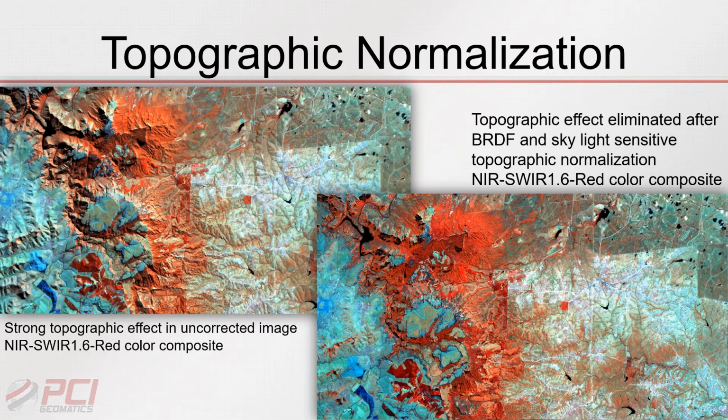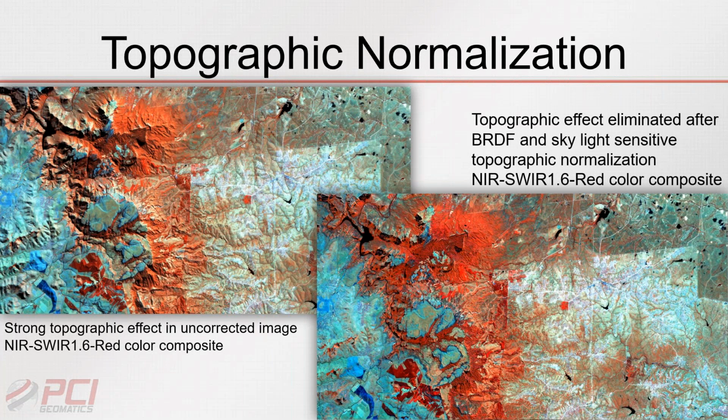Topographic normalization is something I mentioned earlier, and it is very useful because in areas where you have topography, if you can imagine the image on the left being collected multiple times over the course of a season, the sun angle will change from the spring to the summer. The extent of the shadows on the slopes will differ, and so that will affect the radiometry on the slopes.